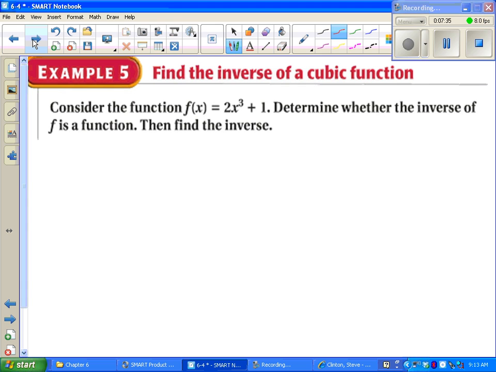So we're going to look at the function f of x equals 2x cubed plus 1 and find out if the inverse is a function. We could graph this by hand, or we could use a graphing calculator. The focus here is not to know how to graph this, so I'm just going to show you what the graph looks like.